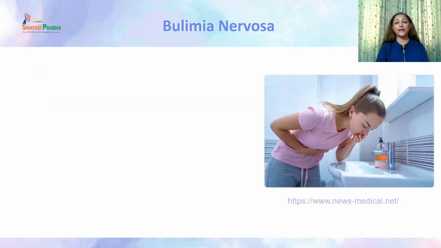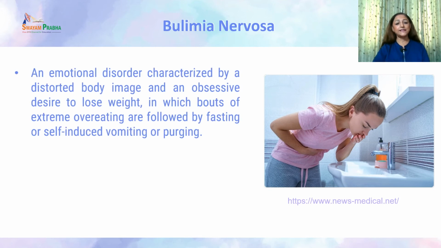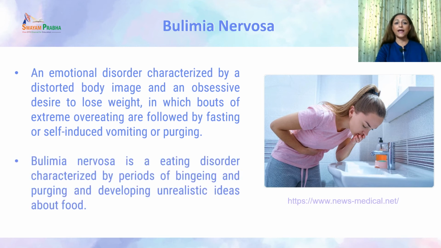Another eating disorder is bulimia nervosa. It is an emotional disorder characterized by distorted body image and an obsessive desire to lose weight. This happens with bouts of extreme overeating, followed by fasting or self-induced vomiting or purging, which is quite in contrast to anorexia nervosa.